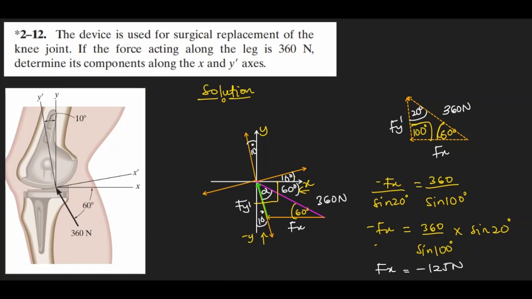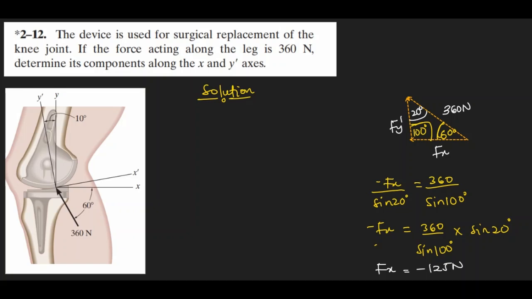So now let's find Fy prime. For Fy prime, the angle opposite to it will be the 60 degrees, and you can see that it's already in the positive y prime axis direction. So we are going to have Fy prime divided by the sine of 60 degrees equal to 360 Newton divided by sine of 100 degrees.